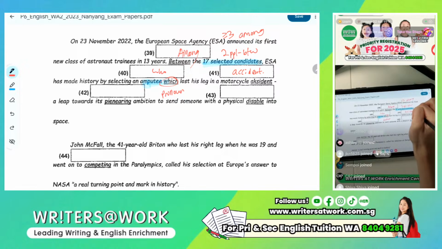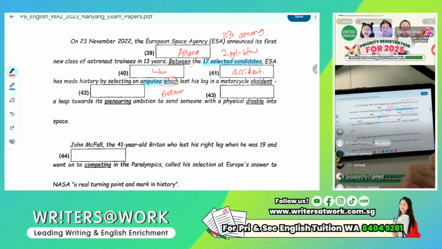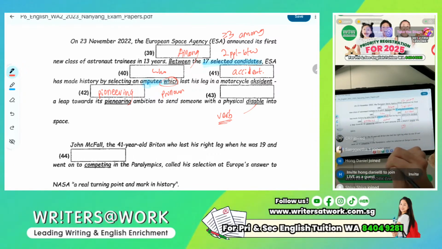Motorcycle accident. This is a spelling error. I believe most of you know how to spell this word. A leap towards its dash ambition to send someone with physical dash into space. So you can see pioneering is also spelled wrongly. Pioneering. Ambition to send someone with physical. Disable is a verb. So now what we are doing is we are changing this verb into a noun.